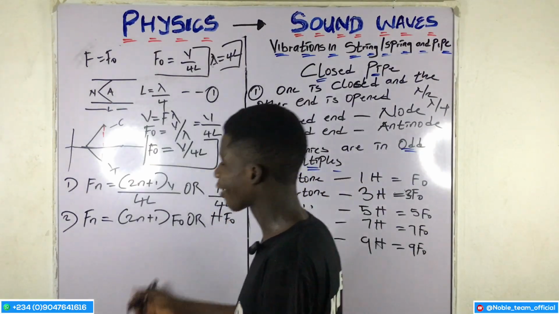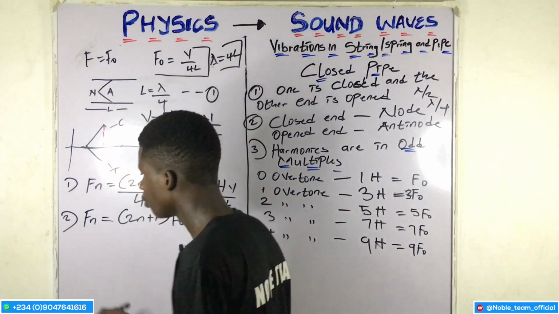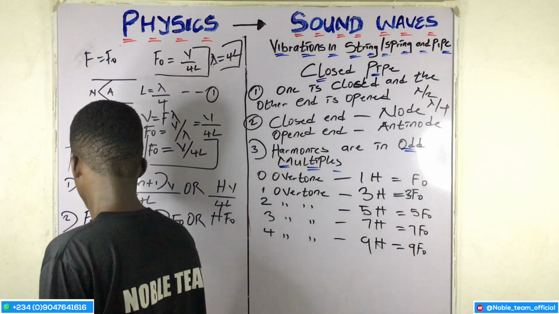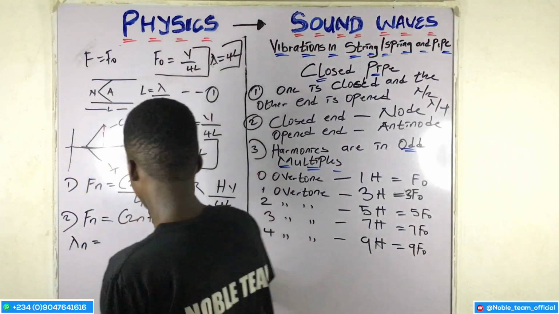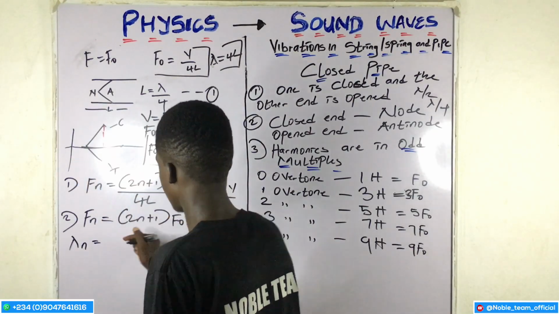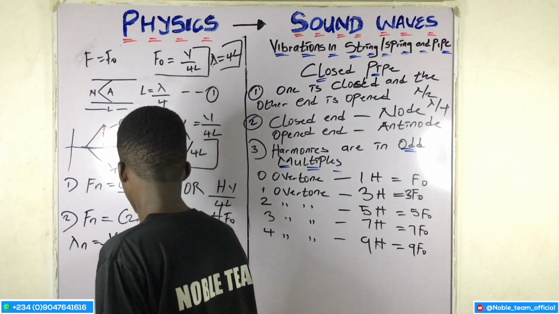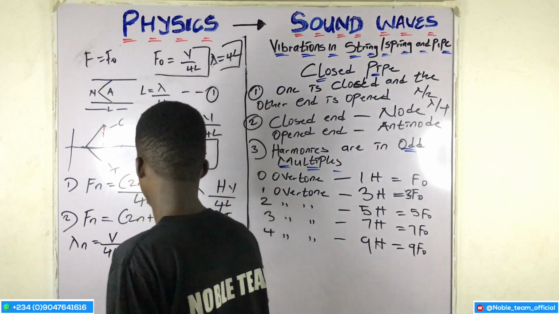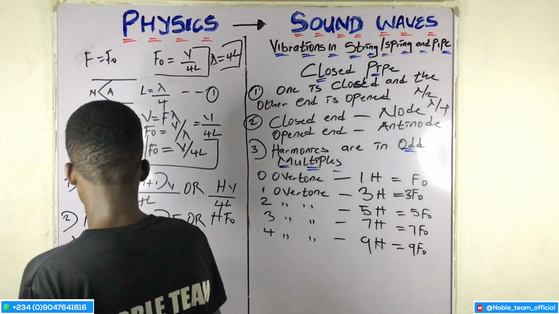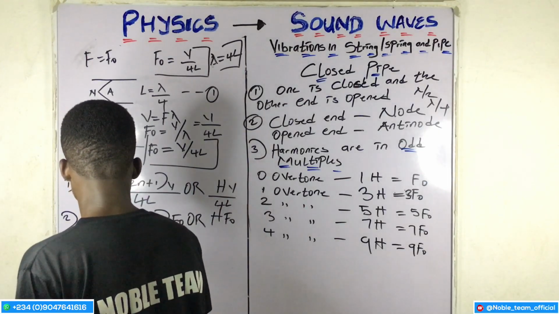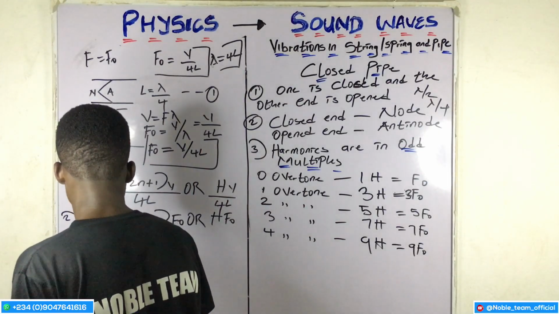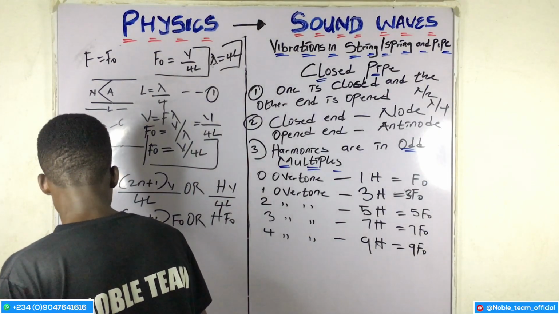Now for you to calculate the wavelength of a closed pipe, remember what I explained? It's like bringing this up and putting this down, which is V over 4L. We have V here, and this is going to be 4L.